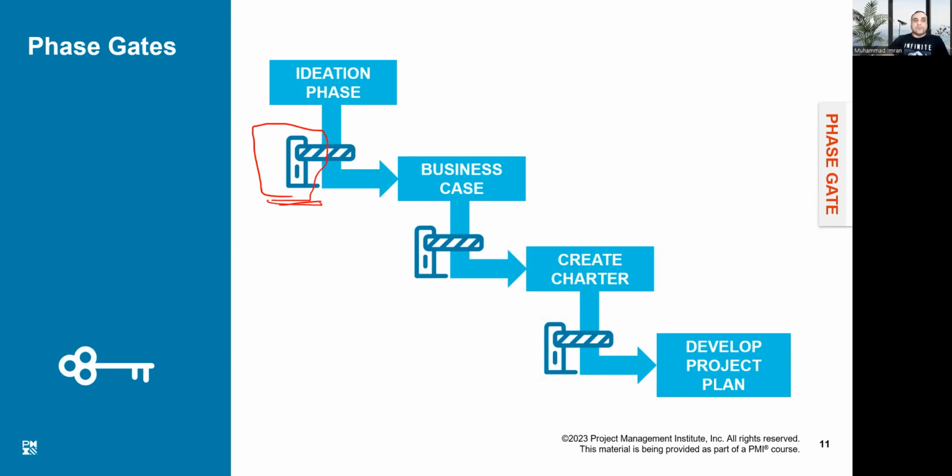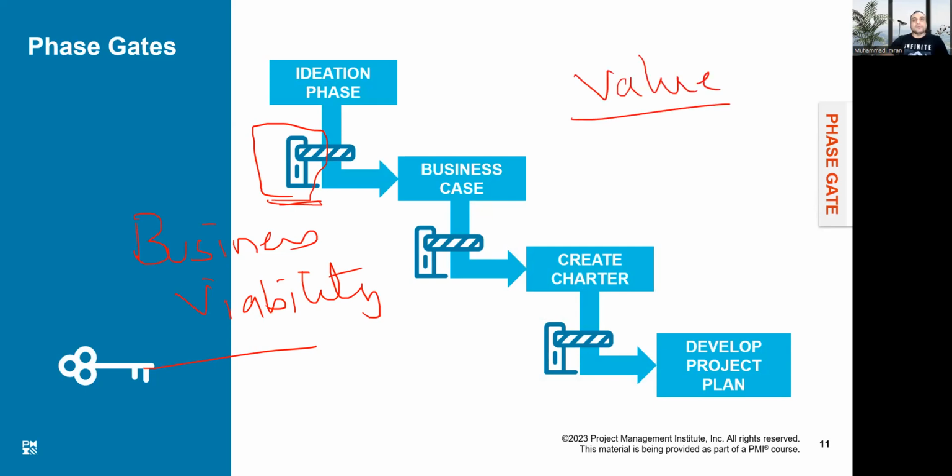It's a point where we check the business viability of the project: is it okay to go further, or shall we terminate the project now, or should we modify the requirements or scope of work so we can actually achieve the value from the project. Benefits can be easily realized by always aligning to the strategic objectives of the organization.